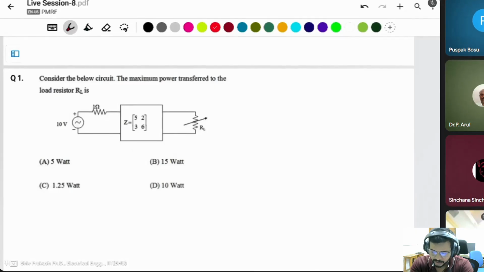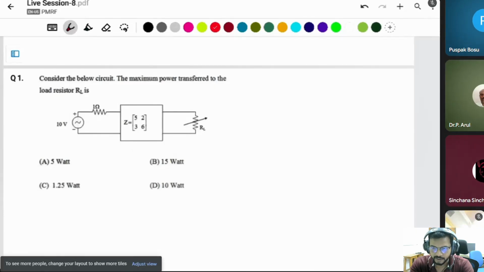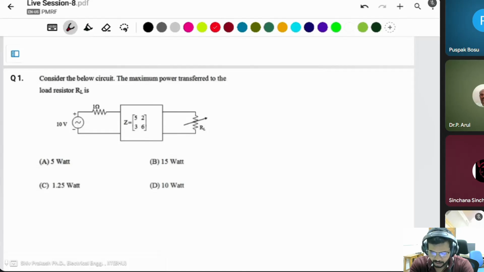It means there is a circuit between them, behaving like an impedance and a bidirectional circuit, and the energy is transferred through that circuit to the load.